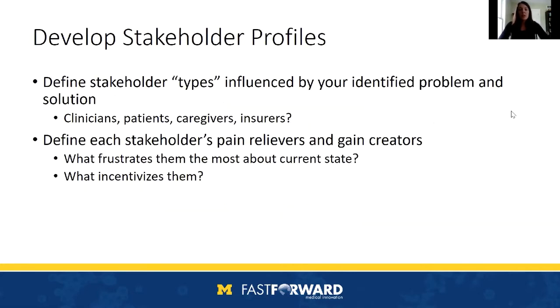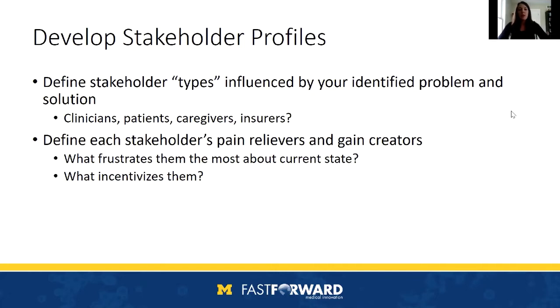Once we understand what our problem is and what our competition looks like, we want to develop stakeholder profiles. So we want to think about all the types of people or services or processes that are going to be influenced by our problem and ultimately influenced by the solution that we're developing.